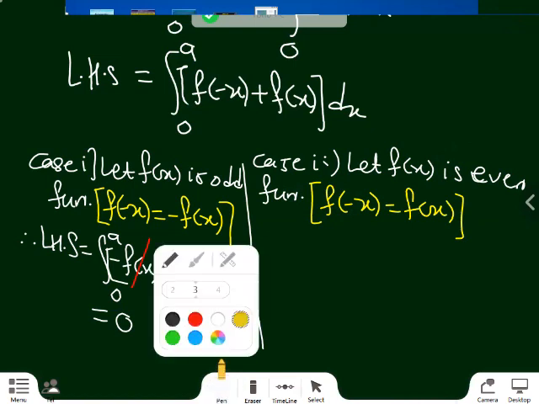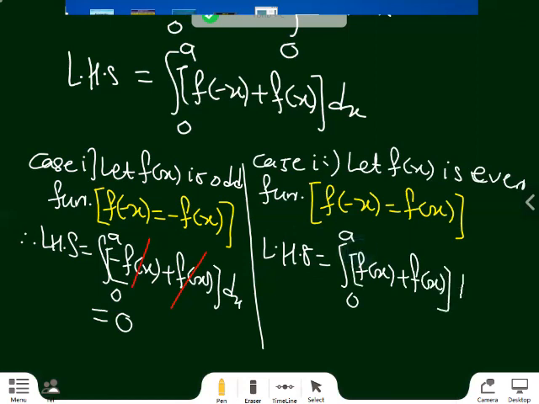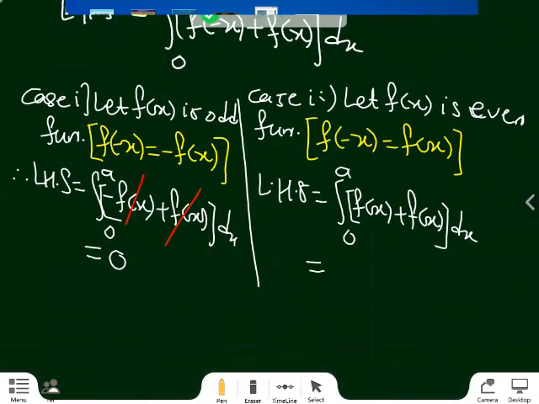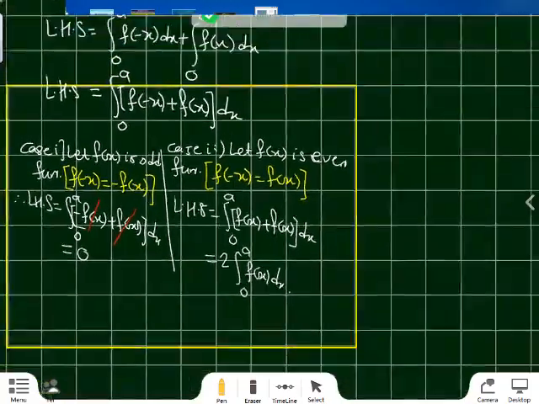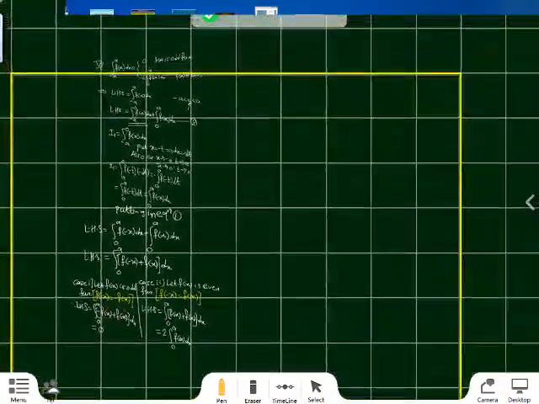Putting this value in the above LHS, it becomes integration from 0 to a f of x plus f of x dx, because f of minus x becomes f of x since it is an even function. Now we know that f of x plus f of x gives 2 times f of x. So it gives 2 times integration from 0 to a f of x dx, and we get the proof of property number 8.